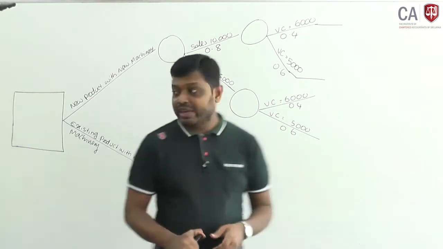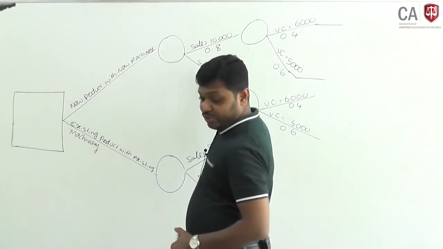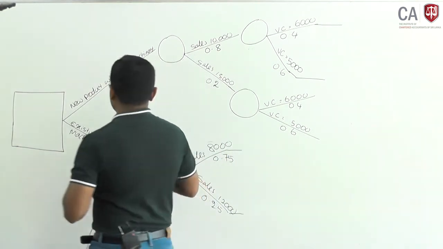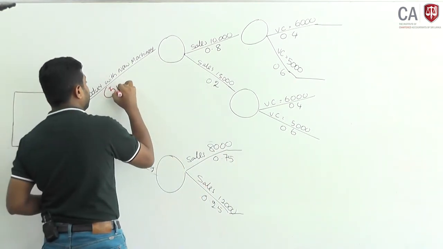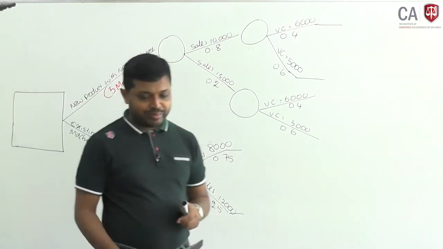Okay, now we have labeled it clearly. If you are going to sell the product with new machinery or new upgrade, you have to pay 5 million as cost.